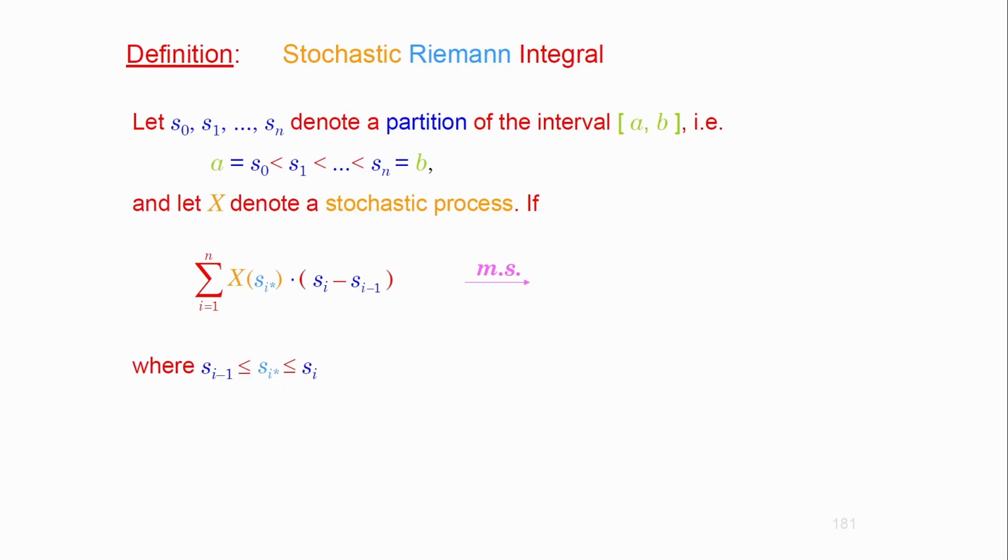Now, X, the stochastic process, can be evaluated at any point between Si minus 1 and Si. Si is the upper endpoint, Si minus 1 is the lower endpoint of that subinterval, and Si asterisk is some point in between. It can be anything in between.